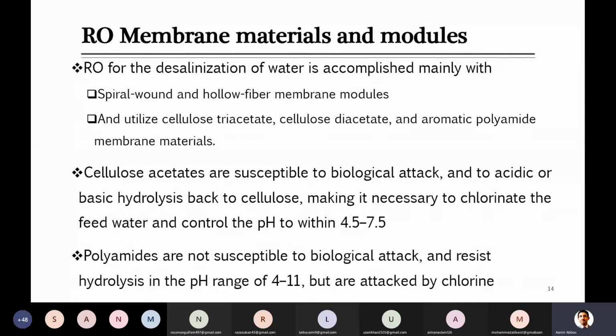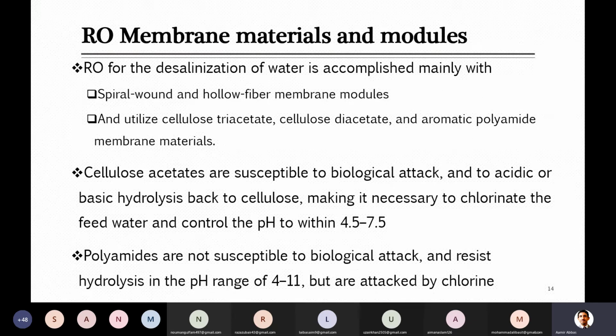So in this case, wherever you are going to use these kinds of membranes, you have to study the water and then decide which membrane will be more suitable. For example, if the water contains a huge amount of chlorine already, then it will be better to go with the first case, because the chlorine will already kill the microorganisms, and you just have to maybe adjust the pH.